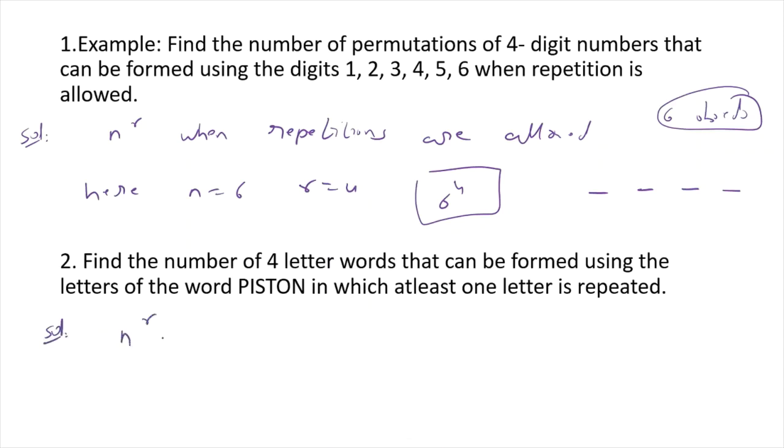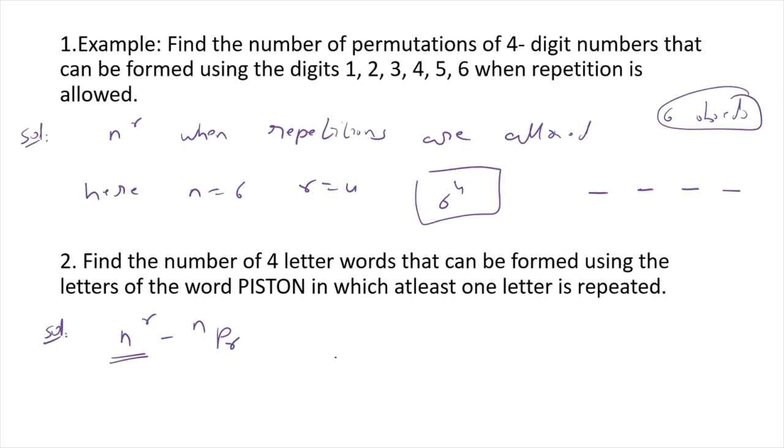N raised to R minus NPR. N raised to R gives the total number of permutations when repetitions are allowed. And NPR gives the total number of permutations when repetitions are not allowed. Therefore, N raised to R minus NPR gives the total number of permutations with at least one letter repeated.